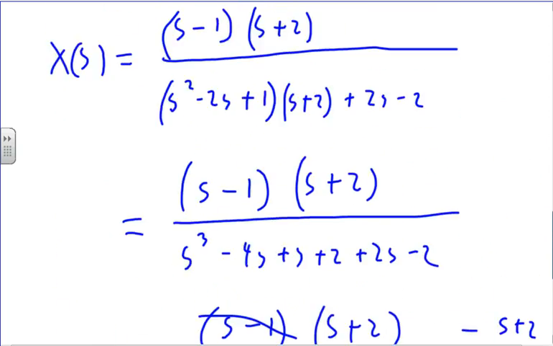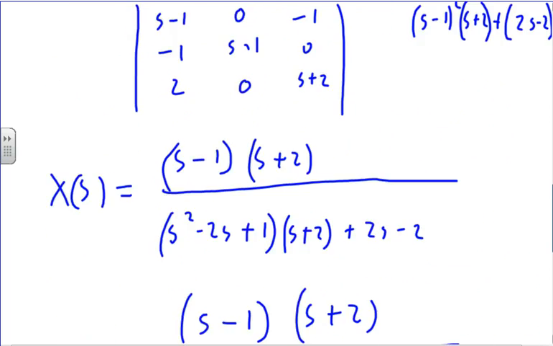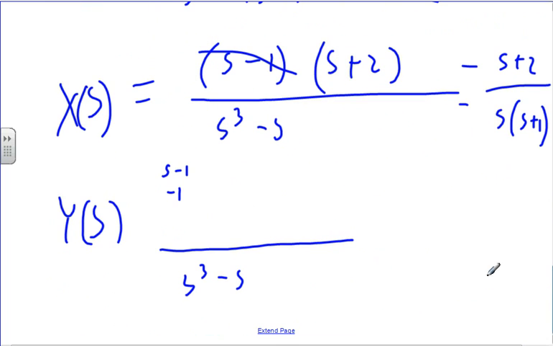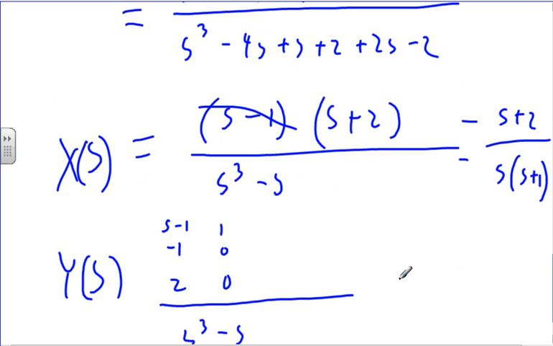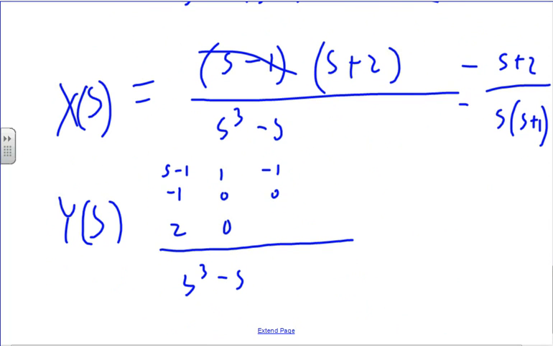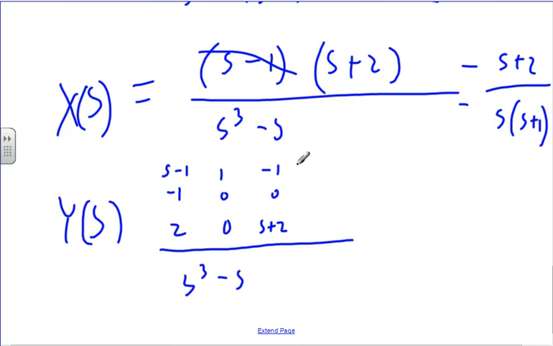Okay, on the top, I'm going to have s minus 1, minus 1, 2; 1, 0, 0; minus 1, 0, s plus 2. That's 0, that's 0, this one's 0, that one's 0, that one's 0.